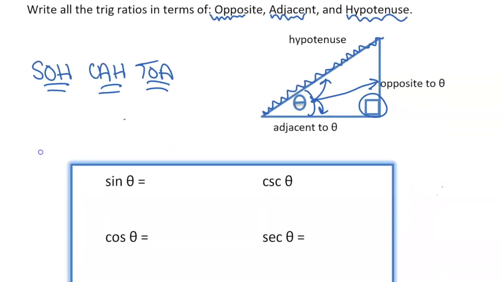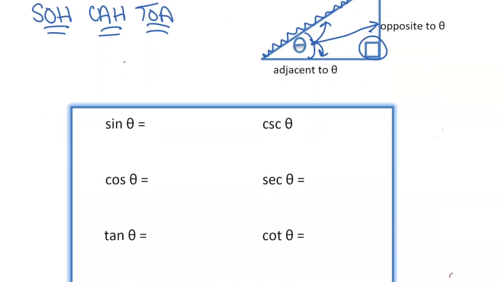Okay, so if we take a look at here, we want to come up with a little snapshot to be able to summarize this. We know that sine is opposite over hypotenuse, cosine is adjacent over hypotenuse, tan is going to be opposite over adjacent.